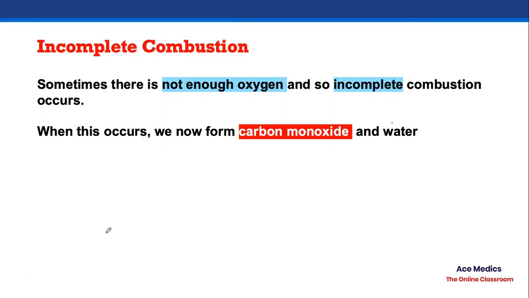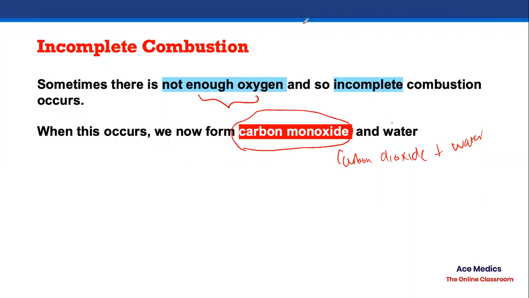Okay, so in incomplete combustion, you won't have enough oxygen, so the fuel won't react fully. And instead of forming carbon dioxide, which you get when you have loads of oxygen, you will actually get something called carbon monoxide.